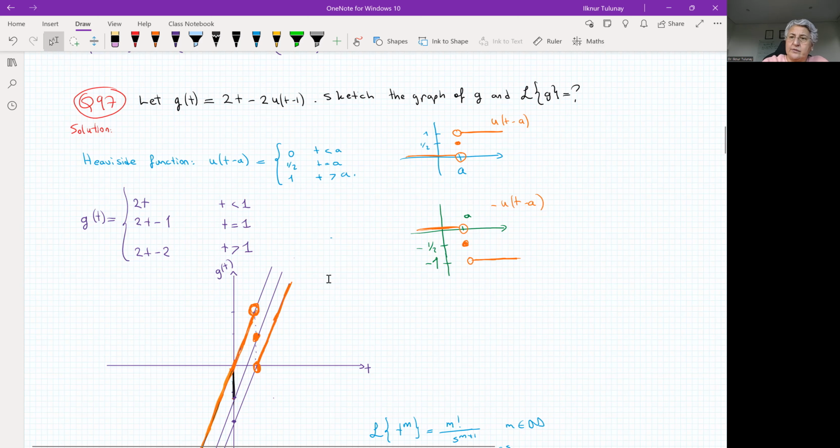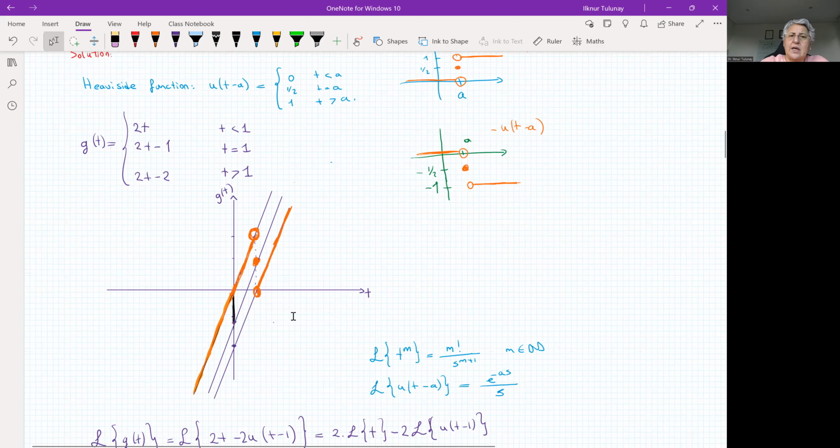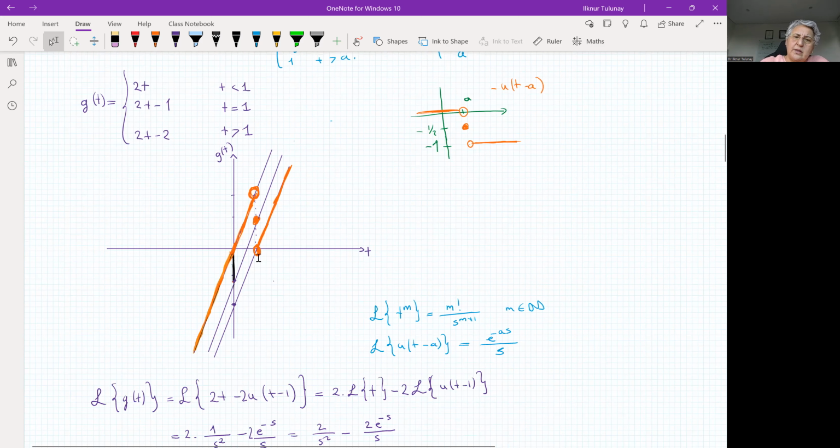Let's have a look at how the graph looks. So when t is smaller than 1, 2t is a line, right? We know that because this is like y equals 2x. We think about x and y, then it will give you a line equation with the slope 2. It's the same idea. This is t, this is g(t).